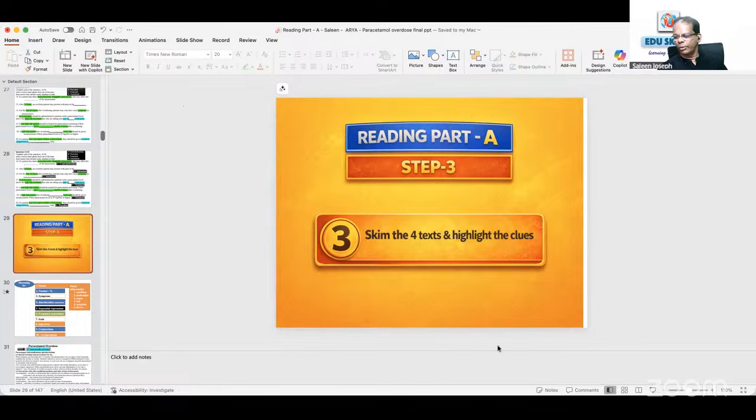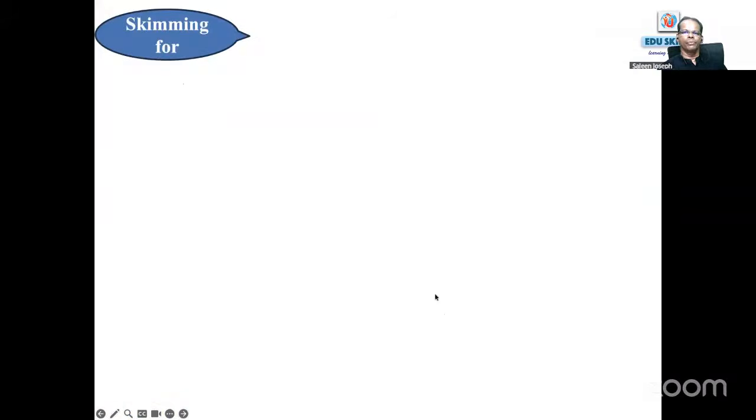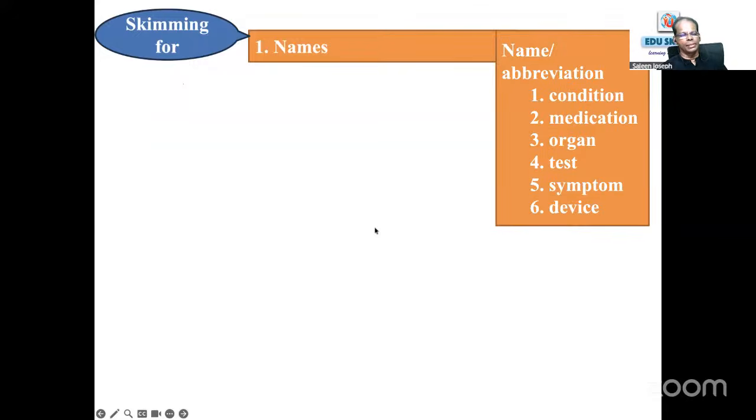What are you supposed to highlight? Subheadings and title, which we have already done with the headings. Other things: names or abbreviations of condition, medication, organ, test, symptom, device, all these names.